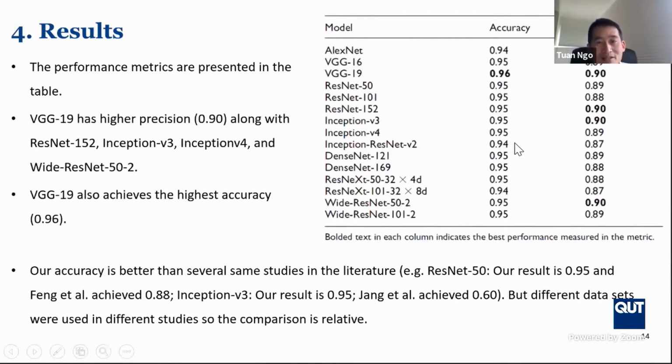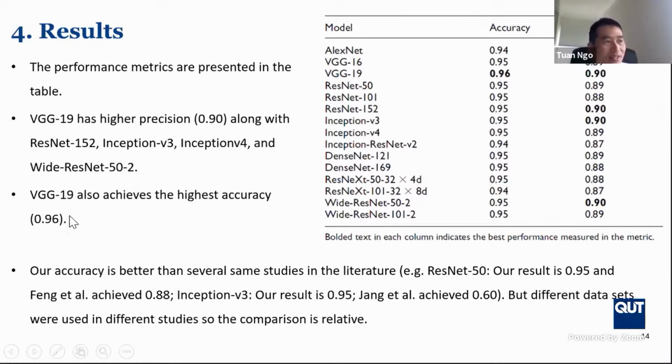So let's summarize the results of the models we investigated. You can see in this table the accuracy is quite consistent, and of course this is extremely good. But there are some differences, like VGG19 showing the highest precision, and it also achieved the highest accuracy.